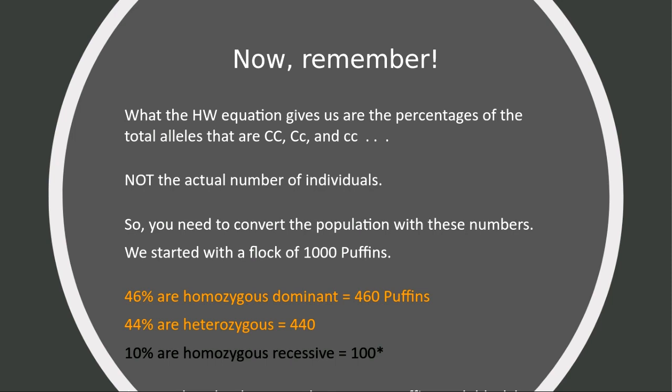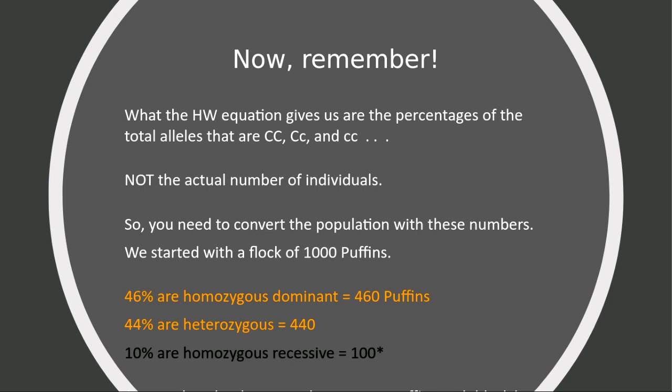So if we take the numbers from Hardy-Weinberg, we can convert those decimals back to percentages just by moving the decimal point over to the right 2 places. So 0.46 gives us 46% of our puffins that are homozygous dominant, 44% are heterozygous, and 10% are homozygous recessive.